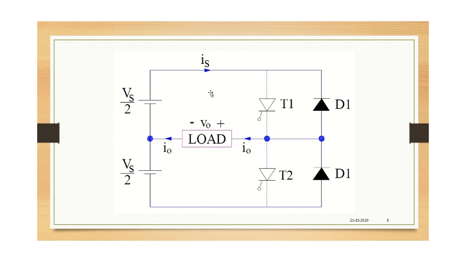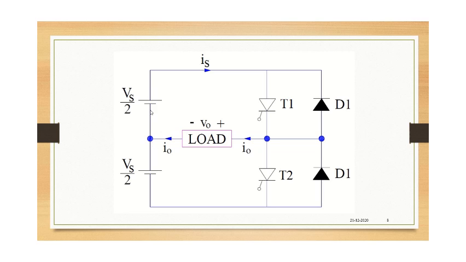Okay, so observe what happens. As I mentioned earlier, T is 1 by F, where F is the frequency of the output voltage waveform. All right. As I mentioned earlier, at the input you have the 3-terminal DC source.